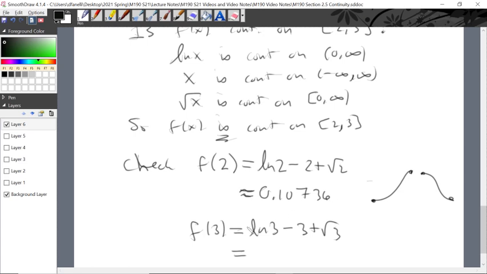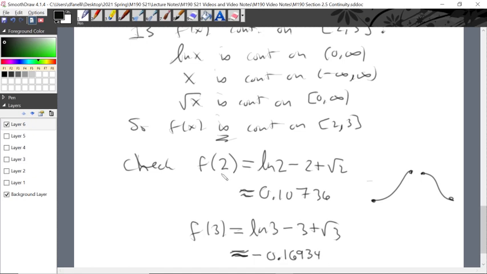So we got 5 decimal places. And f of 3, the natural log of 3 minus 3 plus the square root of 3, comes out to negative 0.16934 if I round it to 5 decimal places.